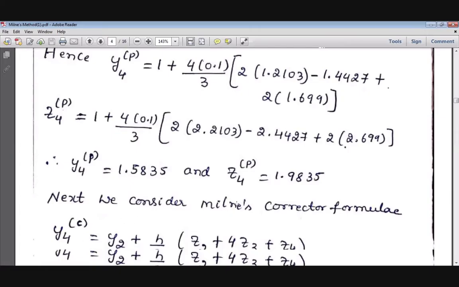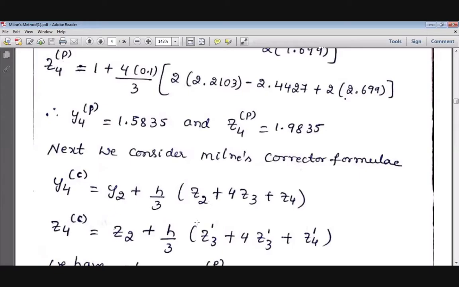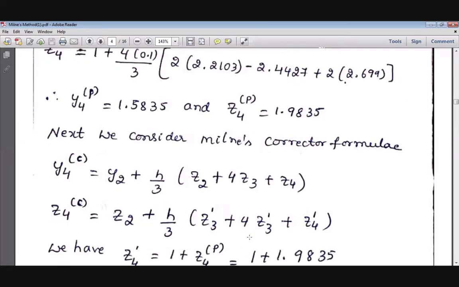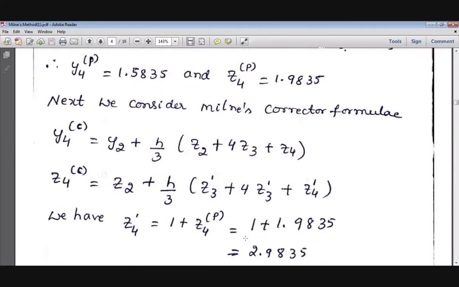Next, Milne's corrector formulae. These are Milne's corrector formulae. Y4 of c equal to y2 plus h by 3, z2 plus 4z3 plus z4. Z4 of c equal to z2 plus h by 3, z2 dash plus 4z3 dash plus z4 dash.